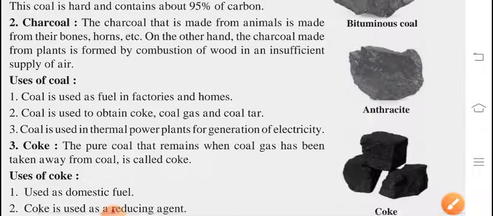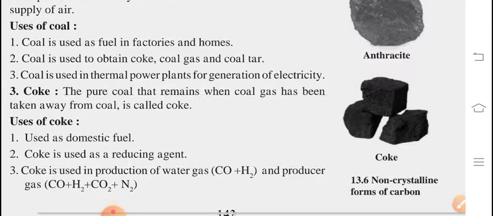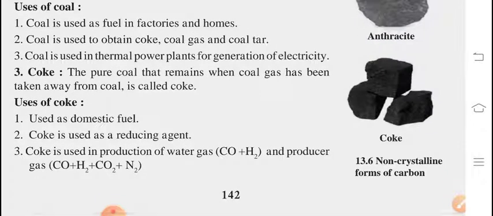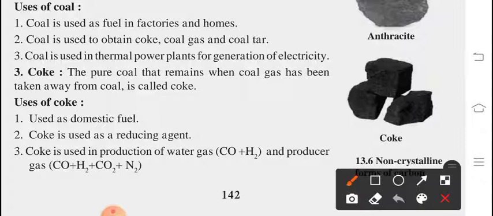Uses of coal: coal is used as fuel in factories and homes, which we have seen. Coal is used to obtain coke, coal gas and coal tar. Coal is used in thermal power plants for generation of electricity.